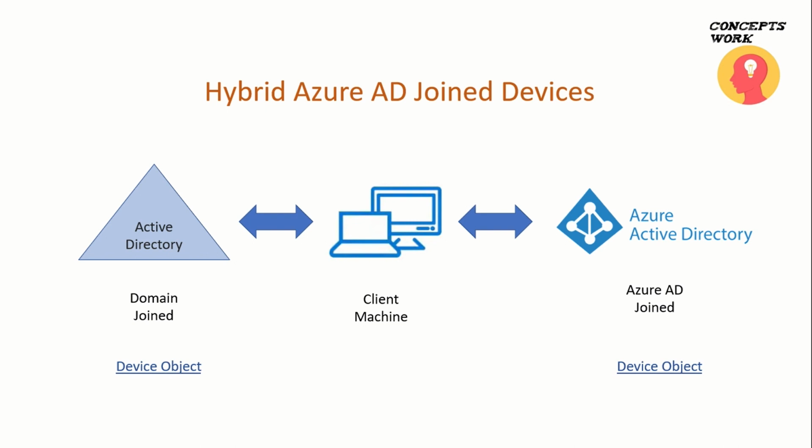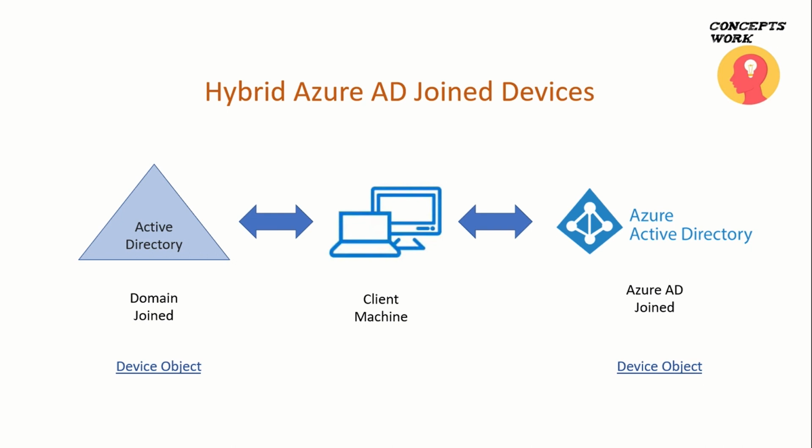Now, the fundamental behind hybrid Azure AD joined devices for managed domain is that your on-prem object should be synced to Azure Active Directory, and since your object will hold the status of hybrid Azure AD join, you can implement conditional access policies.